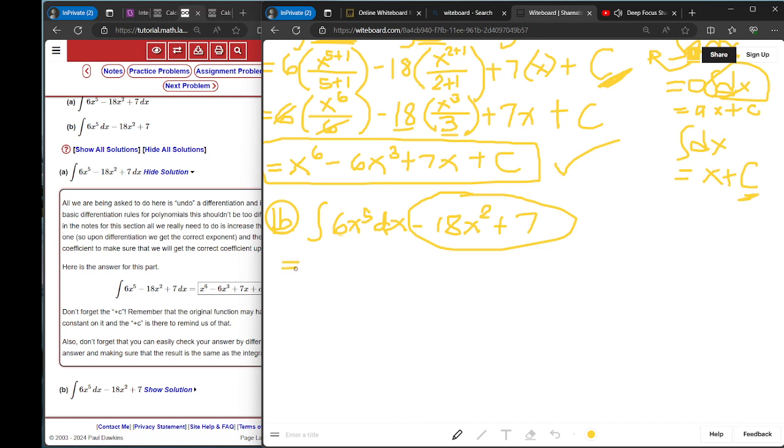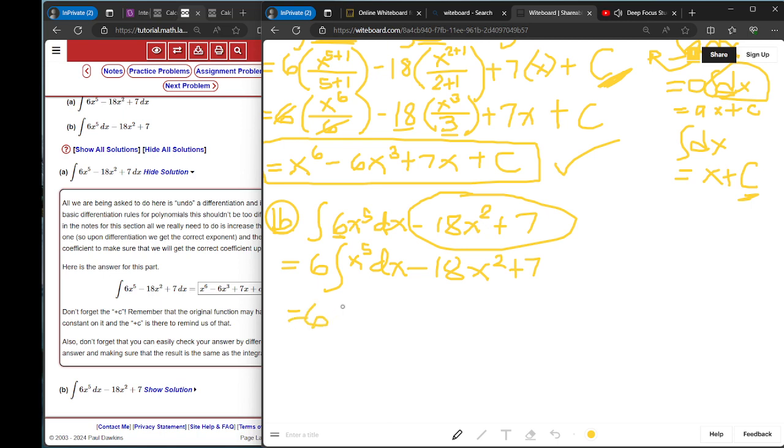So the result would be, again, we move 6 outside the integral sign, and any constant, a number, will be moved outside the integral sign and multiplied later on. So that's x to the 5th, dx, minus 18x squared plus 7.